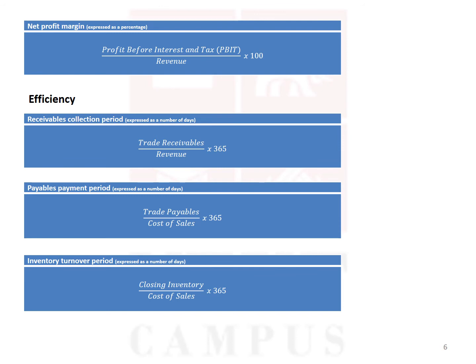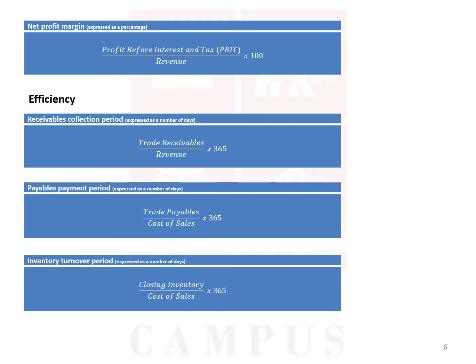Payables payment period, that time we call it creditors settlement period. That can be computed by trade payables divided by cost of sales into 365. That means how quickly the organization pays its creditors after purchasing. In 1 month's time, number of days you get.